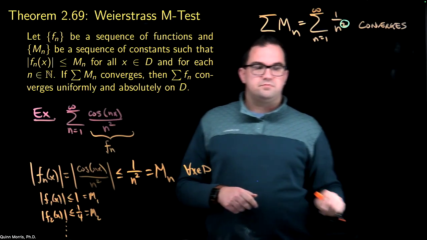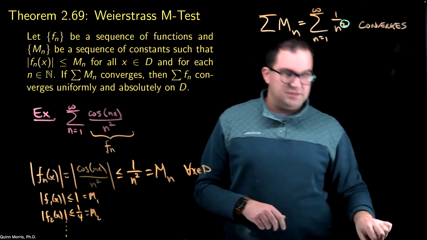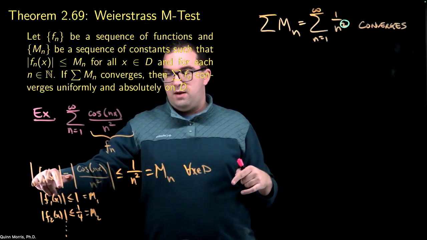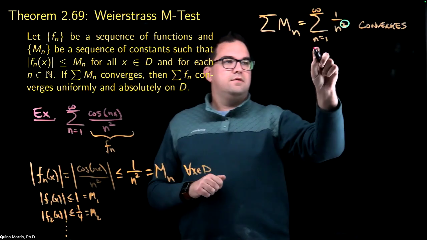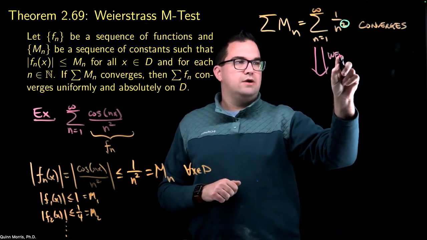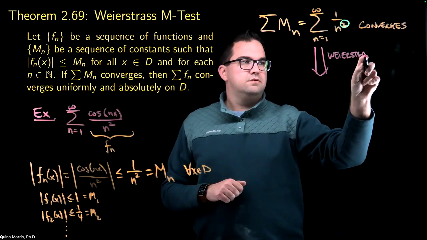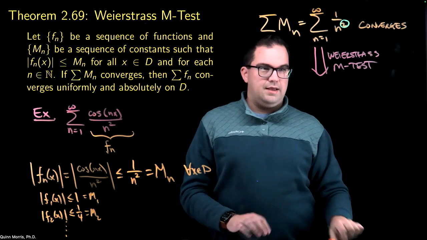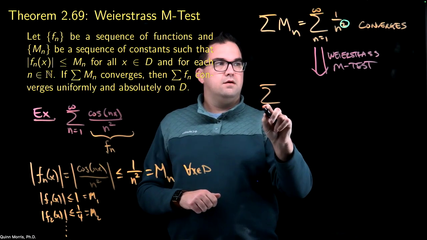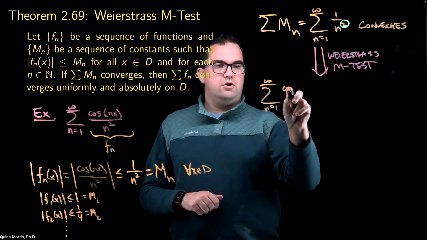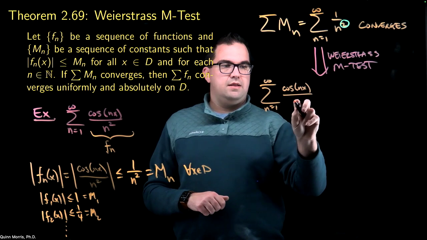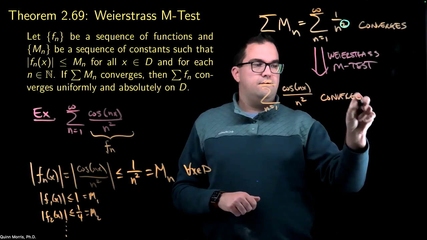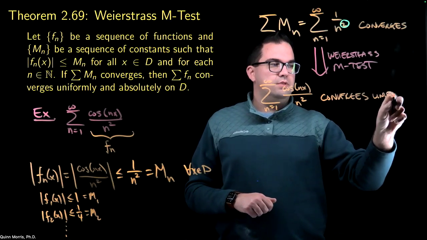And so what the Weierstrass M-test says is, well, since this series converges and each of these was a uniform upper bound on an f sub n, this implies that the sum from n equals 1 to infinity of cosine nx divided by n squared converges uniformly and absolutely.